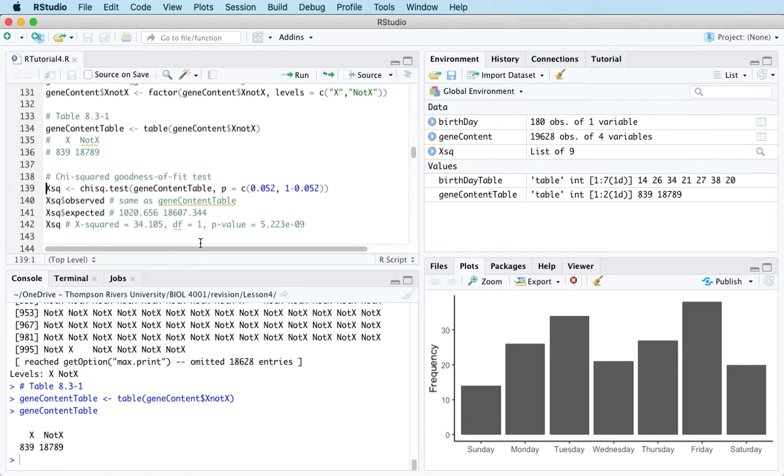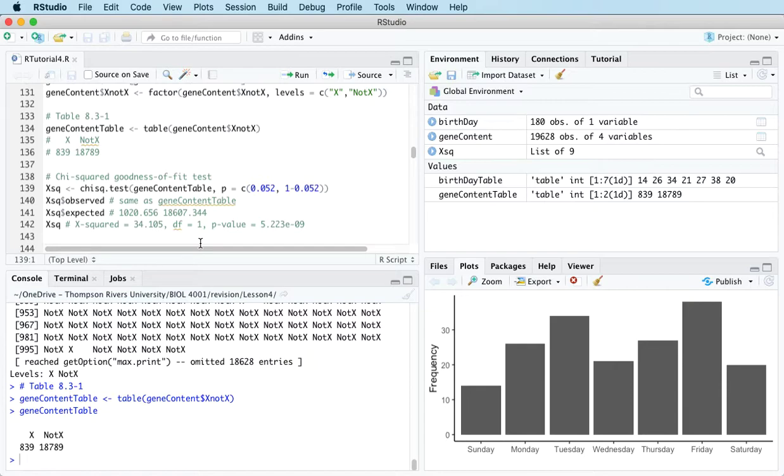Okay, so first step in the test, set up my null and my alternative. So my null is that the probability that a human gene appears on the X chromosome is 5.2%, and we're just saying it's either on the X chromosome or it's not, and so that implies that the probability that it's not on the X chromosome is 94.8%.